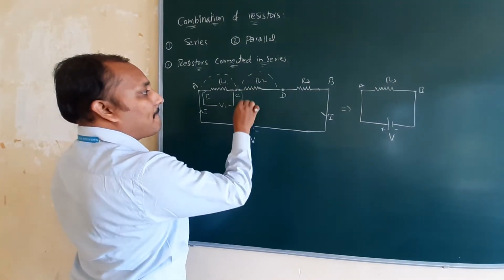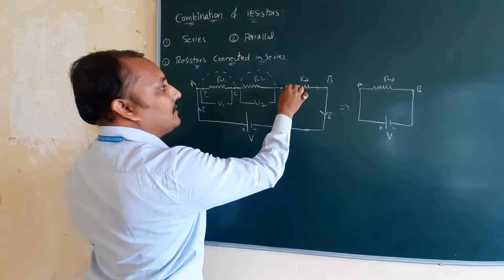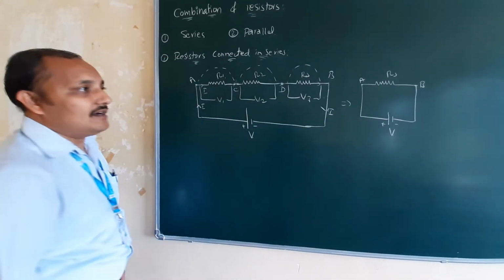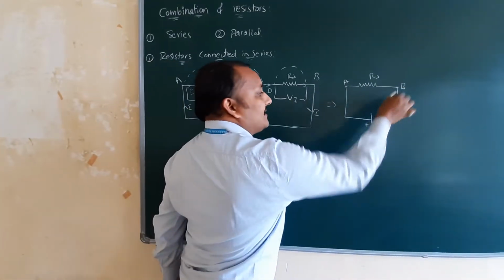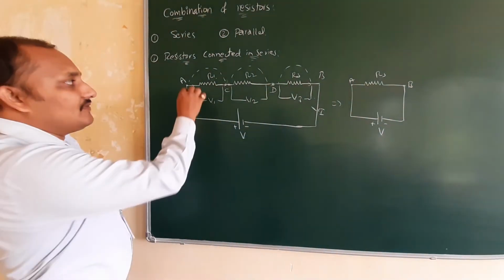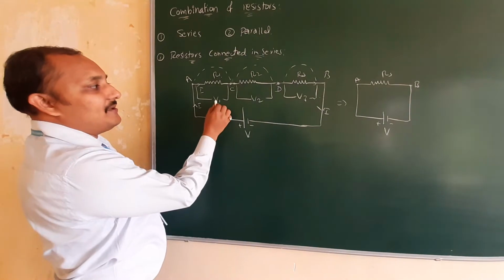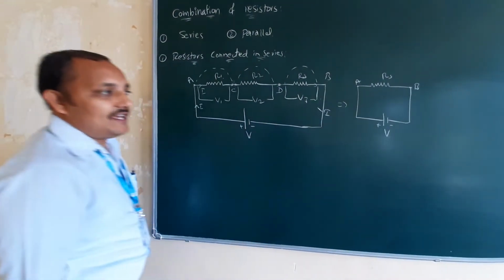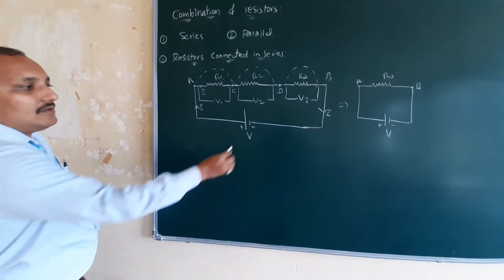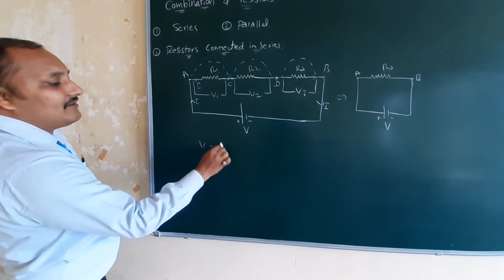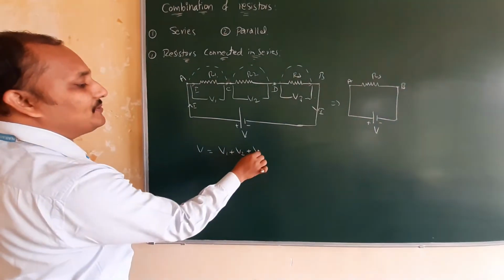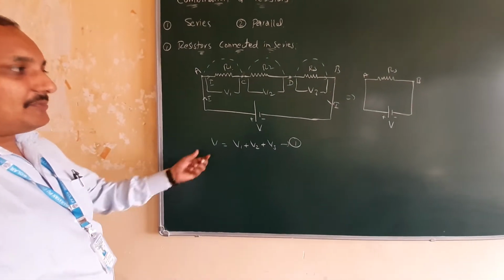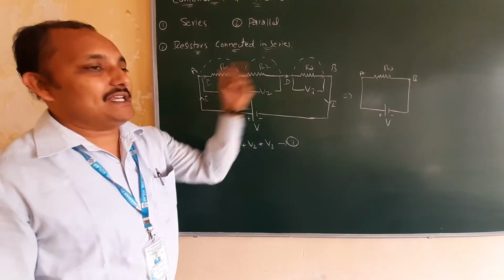Next V2, next V3. So these three are potentials. From A to B, the resultant potential is V. So from A to B, the potential is divided into three parts, V1, V2, V3. Therefore, V is equal to V1 plus V2 plus V3. Call it equation number 1.